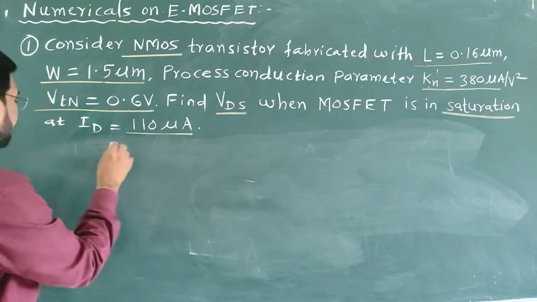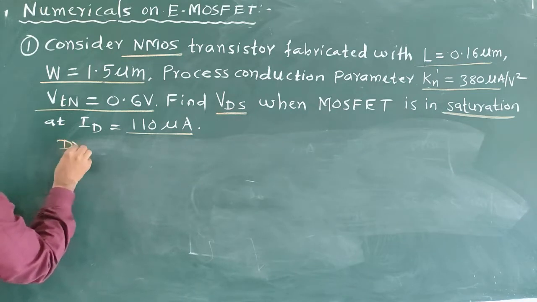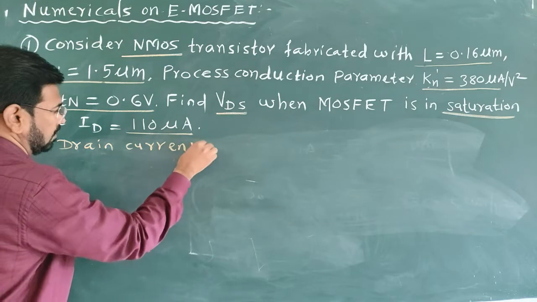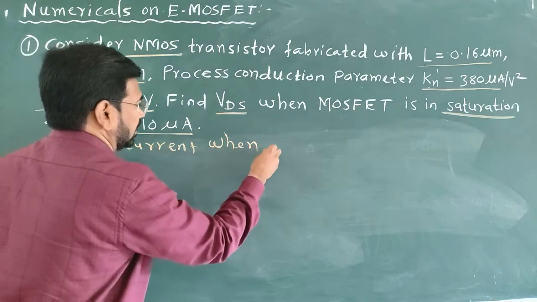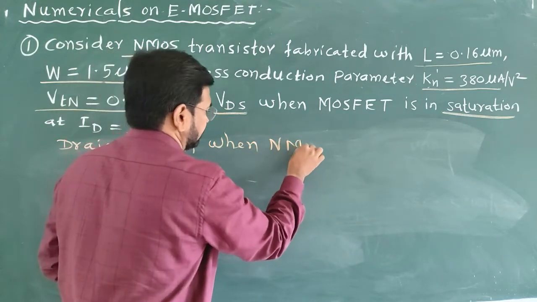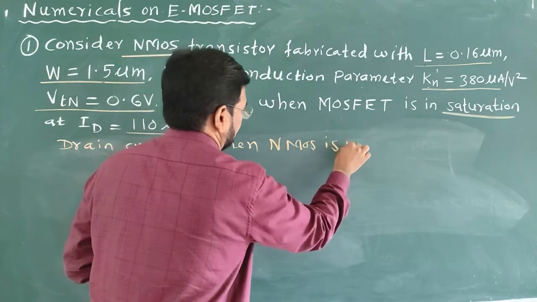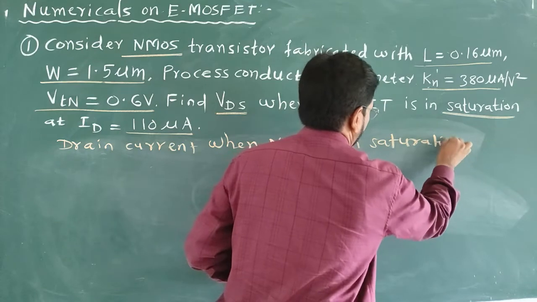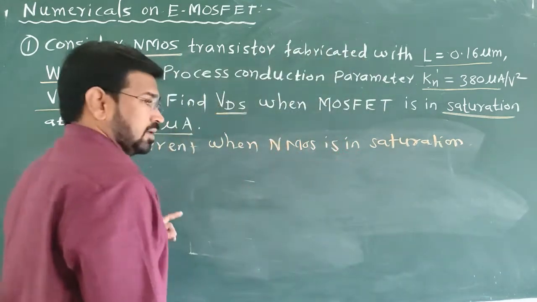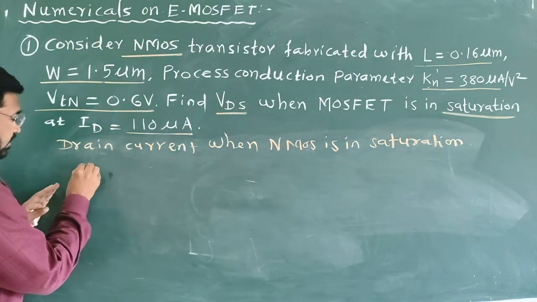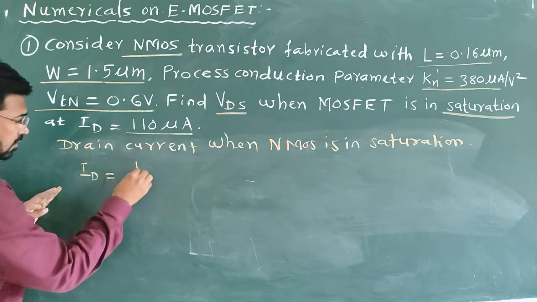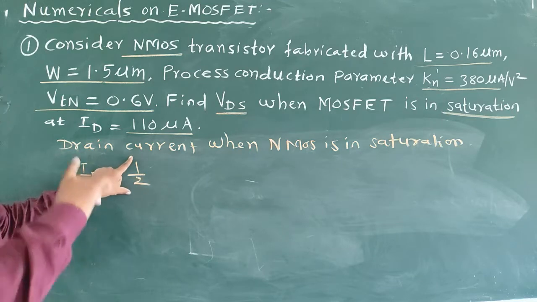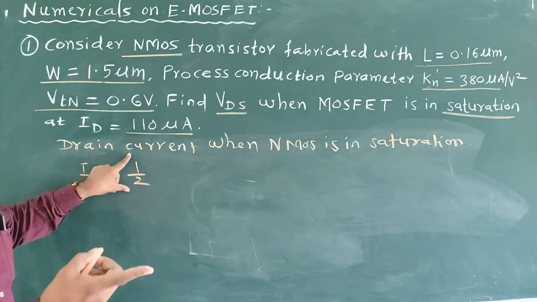So, it is the drain current when NMOS is in saturation. ID is equal to, here I am taking half because we have not taken half in the calculation of Kn.